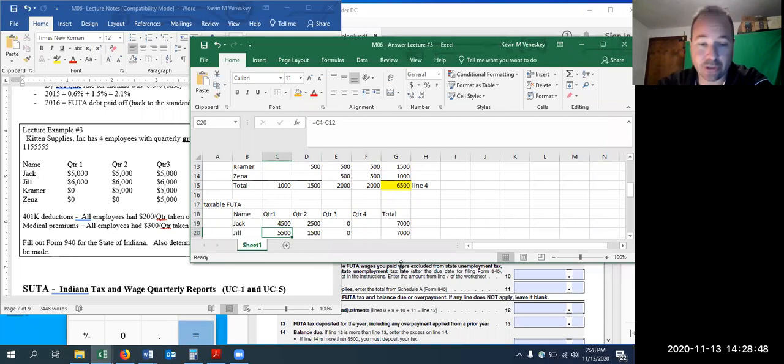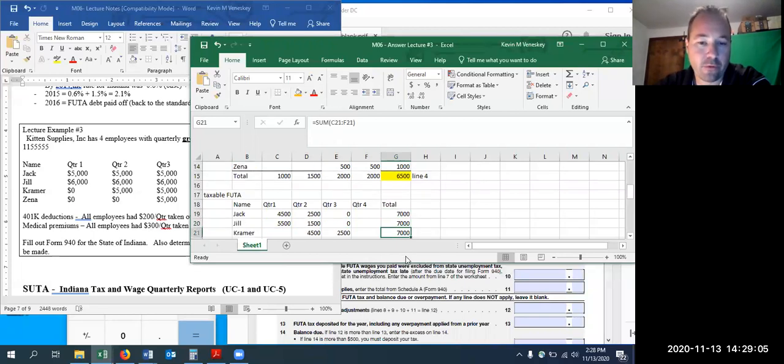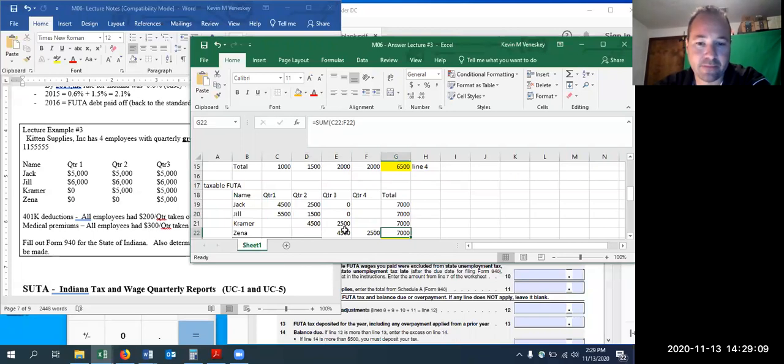So I did the same for Jill. Made 6,000 minus the 500. So quarter 1, she's not over the cap, but quarter 2, she hits the FUTA cap. So only 1,500 left. I want this number to not be over 7,000. For Kramer, similar to Jack, and the same for Zena. They just started a little bit later.